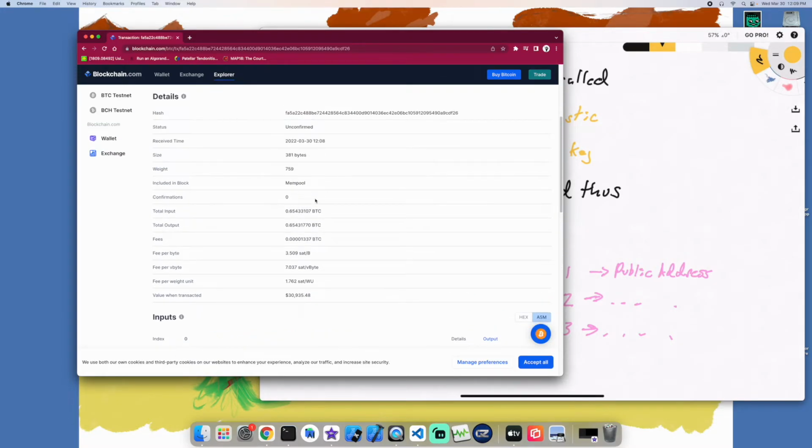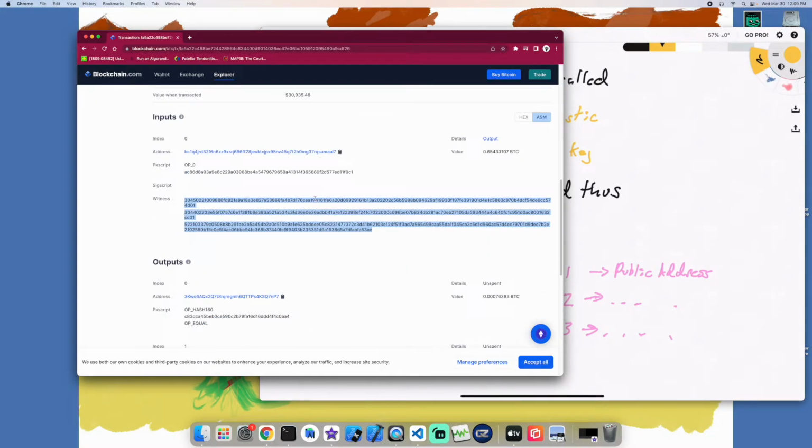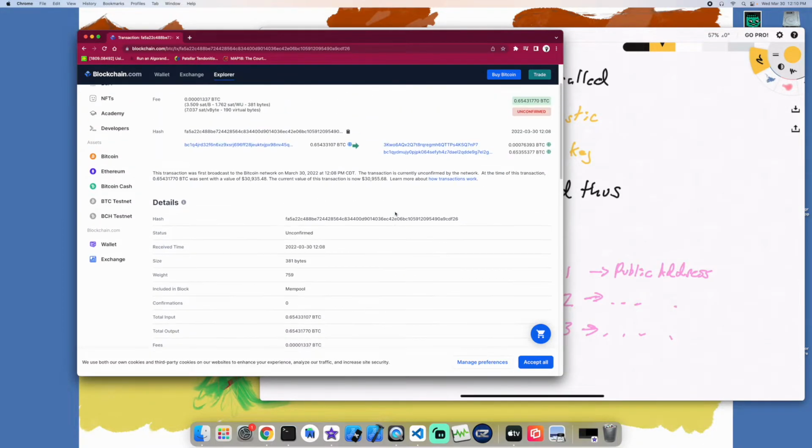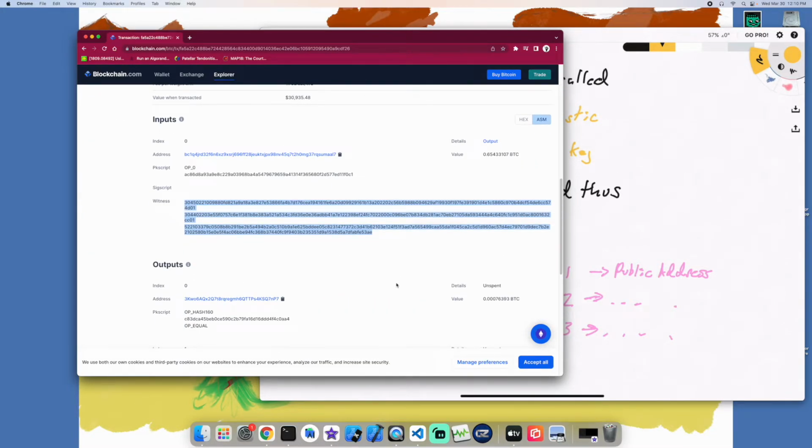It will not be added to the block. If they do match up, if it can be confirmed, then it will say confirmed and this will get added into the next block. So actually, until this signature right here is confirmed, this transaction has not happened. Okay? And that is how it works.